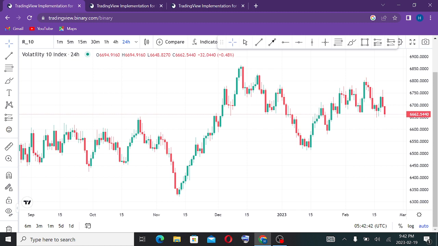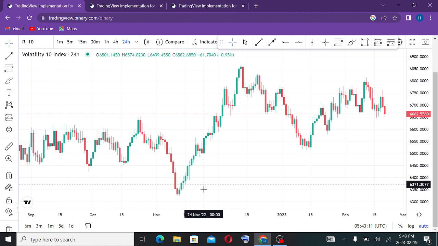Not as if we would not be looking at other pairs, but we'll basically be looking at these pairs, the volatility 10, the volatility 25, and the volatility 50. Reason being that these are pairs that at least their movements are straightforward and they are also slow pairs, kind of. So with that, one is able to manage his risks, not losing much money and also being profitable.